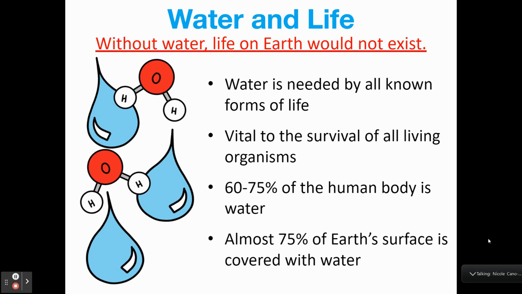Lastly, our planet Earth, 75% of our surface is covered with water. Fun fact, of the fresh water that exists here on planet Earth, we have access to most of the liquid fresh water here in the state of Michigan.